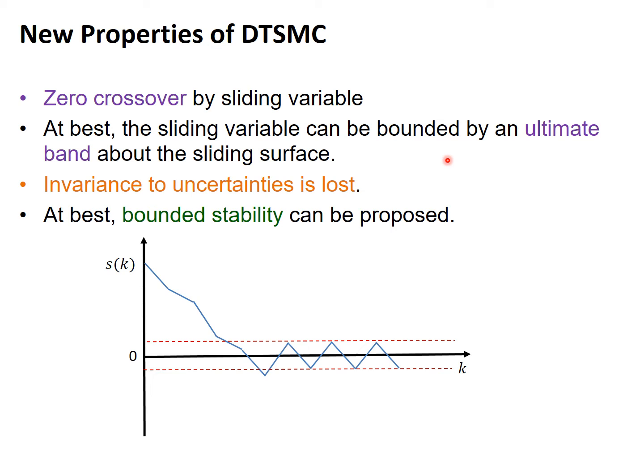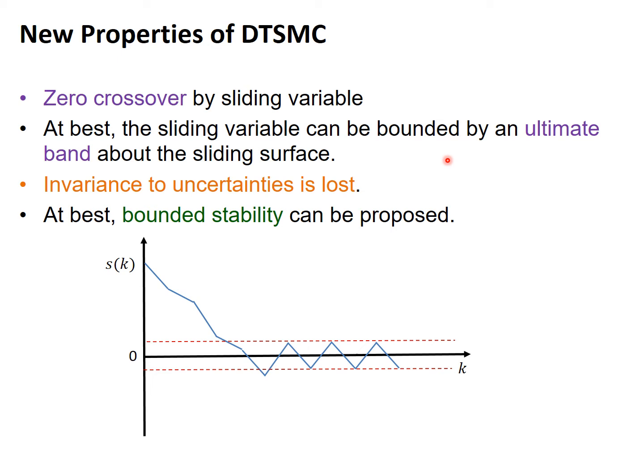I am able to achieve s equals 0 only in close proximity of the surface. So my sliding variable is in close proximity to 0, but exactly not 0. How close can I come? If my ultimate band is smaller in size, then I am more tightly bound to the surface. I am not going away from the surface by a large amount. So this is the idea of the ultimate band.